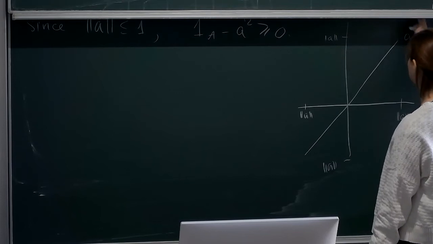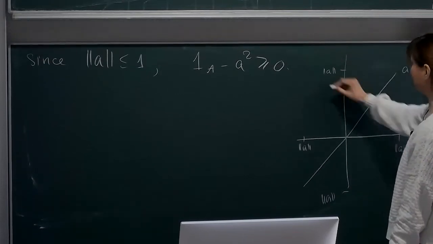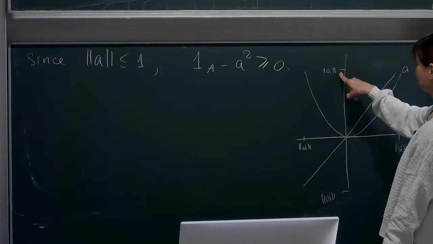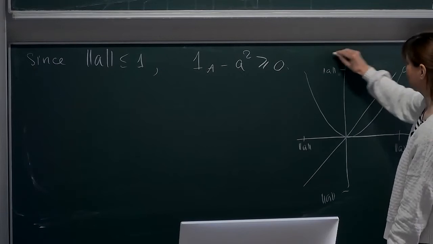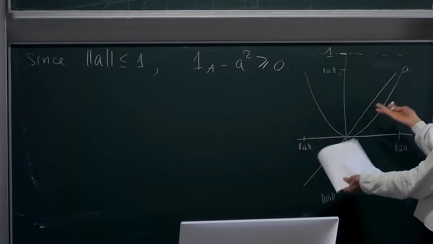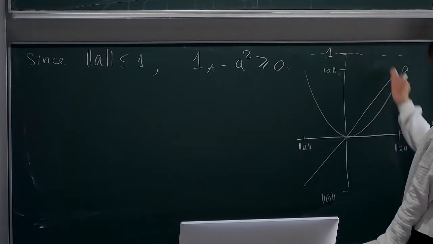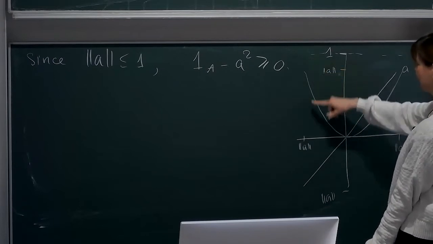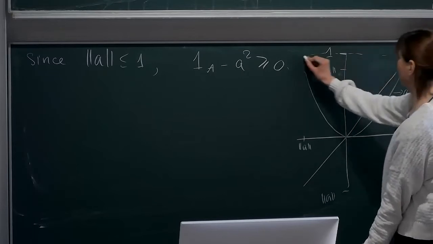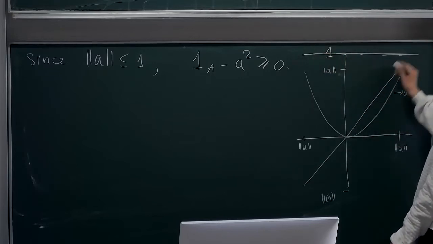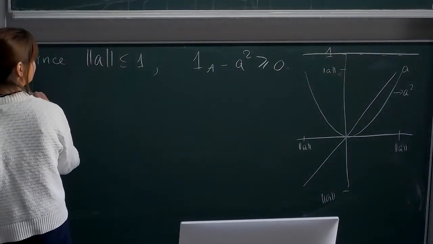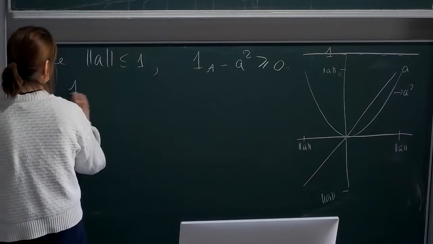So A squared looks something like this, but by assumption, 1 is somewhere up here. This is also in the commutative C-star algebra generated by A and 1, so this picture makes sense. And then you see that indeed 1 minus A squared, where 1 is here, is going to be a positive function. So this has a positive square root.